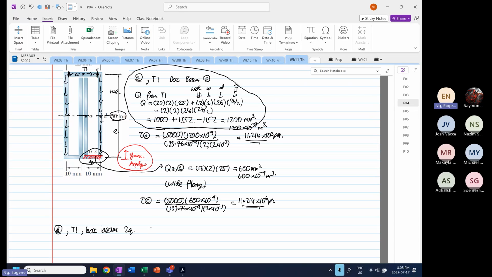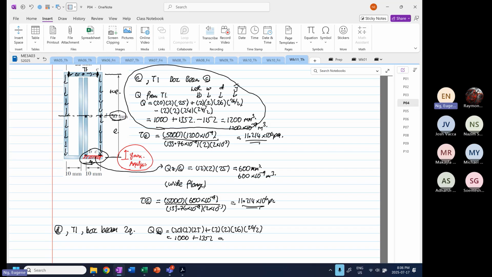So you have Q at point D, which is equal to 20 times 2 times 25 plus the left and right 2. So this is the web now. So 2 up to the geometric center is 26, multiplied by 26 divided by 2, right? So this will be equal to 20 times 2 times 25, which is 1,000, plus 2 times 2 times 26 times 26 divided by 2, which is 1352.